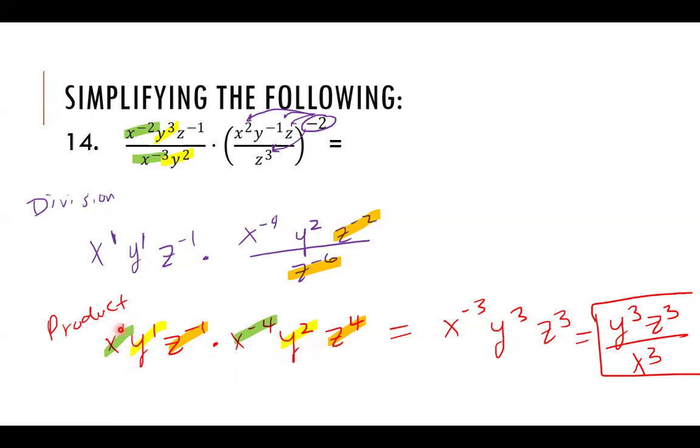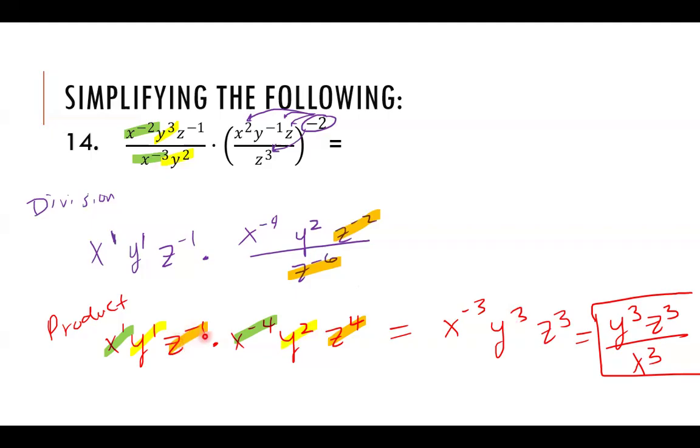I have x to the 1 times x to the -4, which means I add the powers. 1 plus -4 gave me -3. I have y to the 1 times y to the 2. 1 plus 2 is y to the 3.